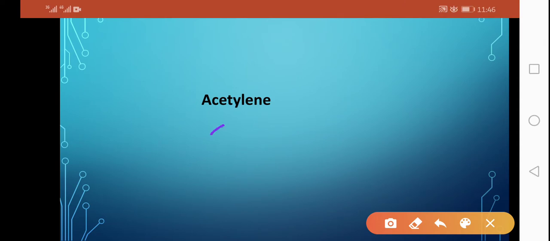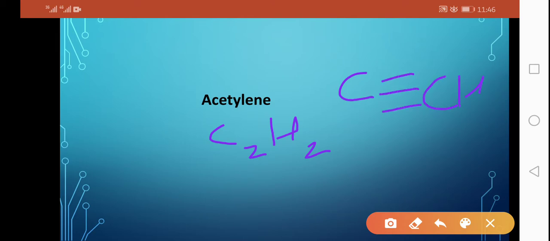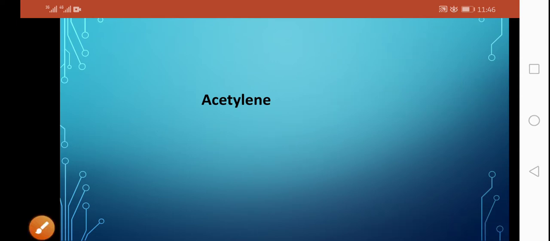Its molecular formula is C2H2, which means carbon triple bonded to carbon, and so you can see that it is called acetylene or ethyne.